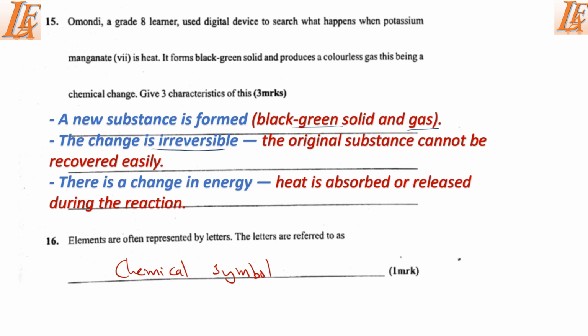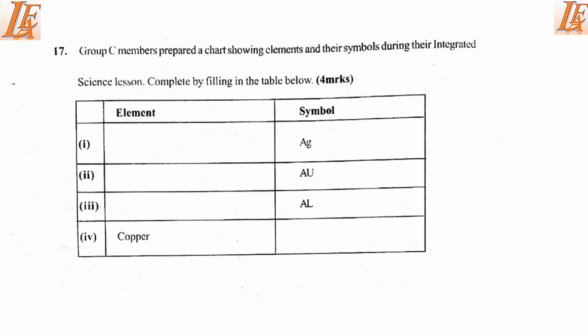For example, if you have sodium, its symbol is Na. So this is a chemical symbol. If you have calcium, which is atomic number 20, its symbol is Ca. If you have atomic number 6, which is carbon, then its symbol is capital C. So these symbols which represent the names of the elements are known as chemical symbols.